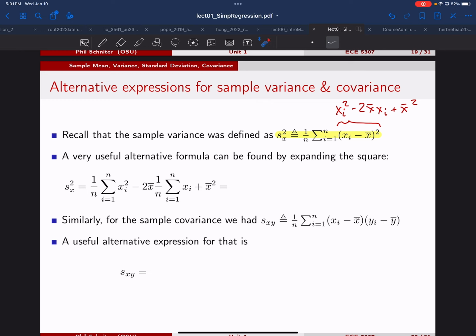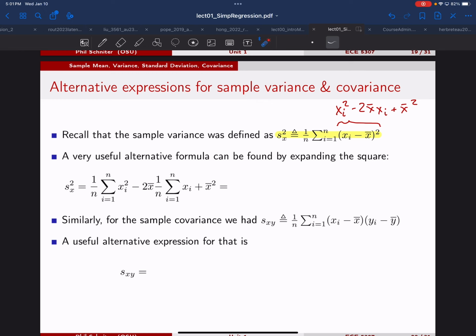Okay, can we simplify this at all? So how can we simplify? So first term, let's leave the first term. Let's focus on the second term actually.